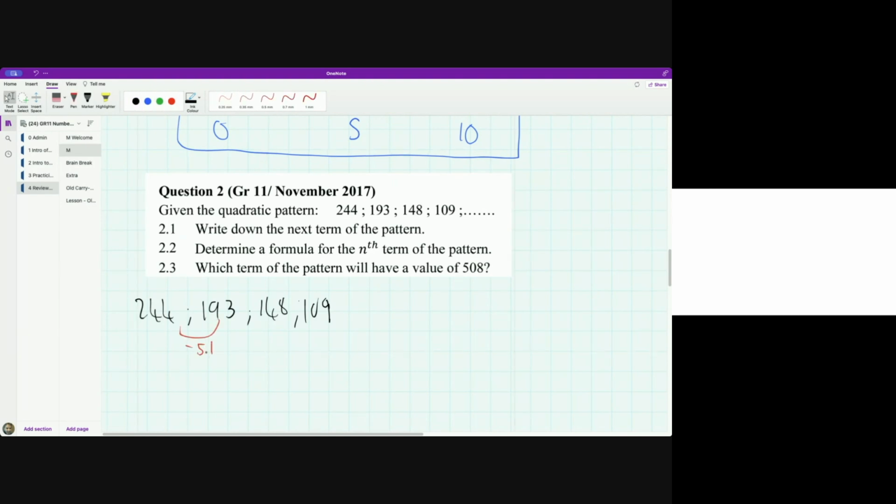Then I'm going to go 148 minus 193. I get minus 45. And then I get 109 minus 148, which is minus 39. So these are the first differences, and I'm going to let you use those to figure out what I think the next number in the pattern is.